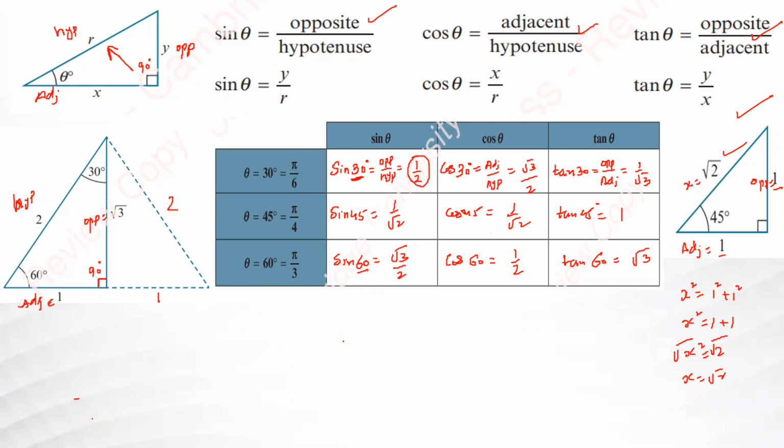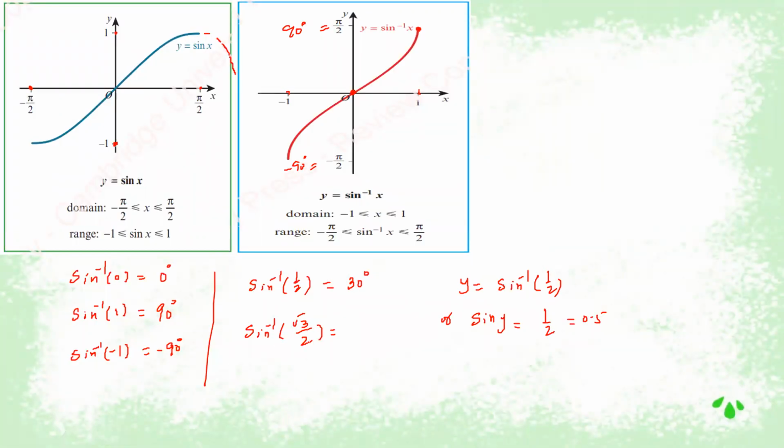So it means that 60 degree is sine inverse square root of 3 over 2. That represents exactly 60 degree. So here you can say that the sine inverse square root of 3 over 2 is equal to 60 degree.